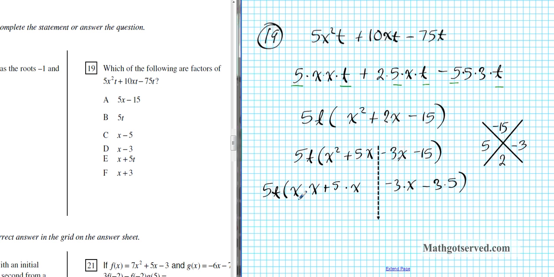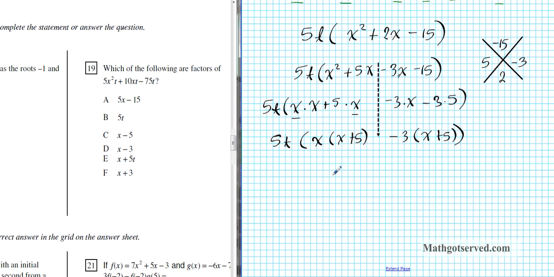So from the first two, we can take out x. So we have 5t times x plus 5, and then minus 3, and we're left with x plus 5. So the factored form is 5t times x minus 3 times x plus 5.